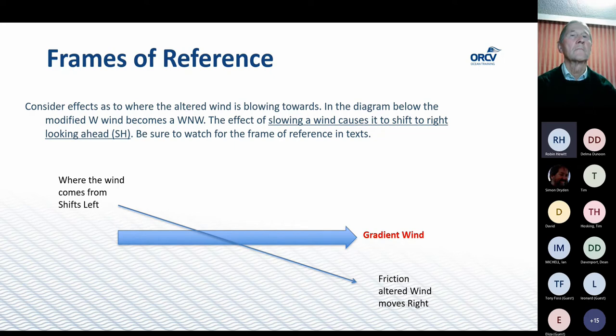In this case, the gradient wind is 2,000 to 3,000 feet high in the atmosphere. But if I want to show a shift in the wind direction according to a mast, then I would call the wind at the top of the mast the local gradient wind. So sorry about that, it's a bit confusing.